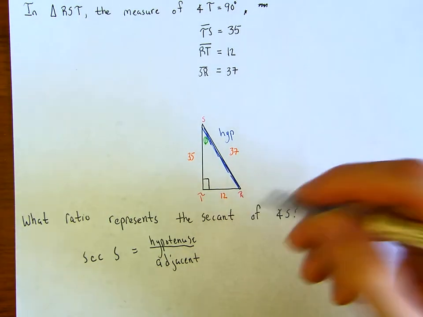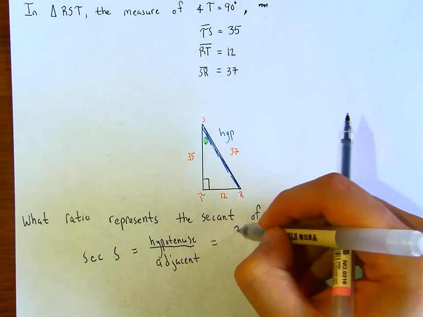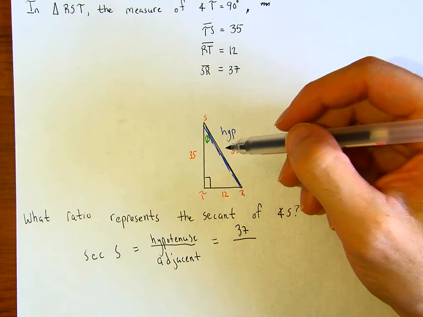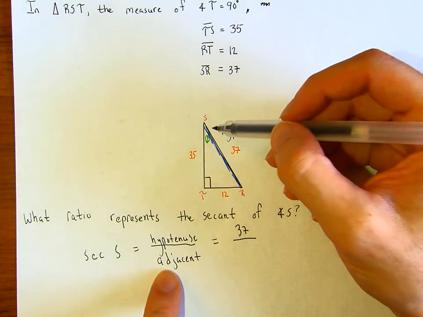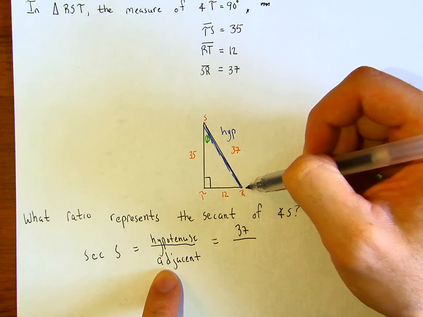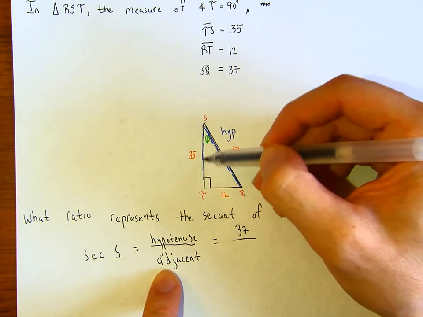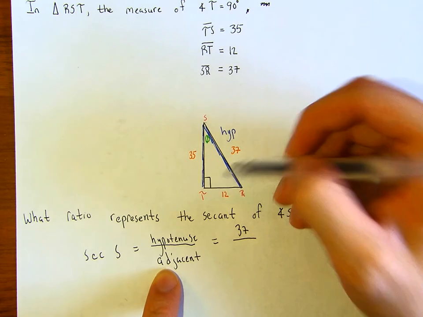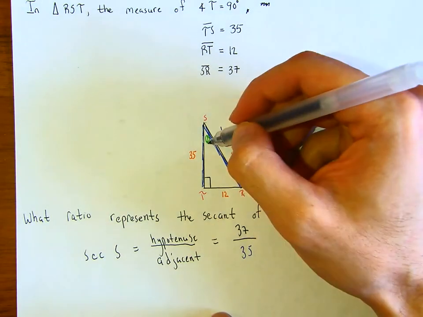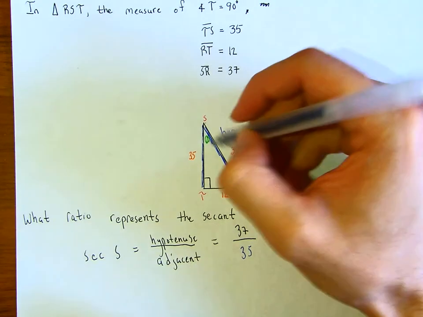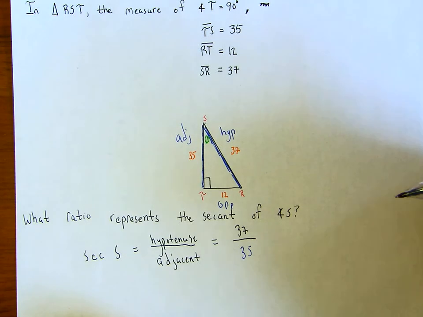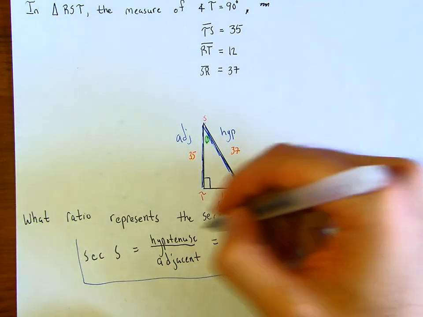We know that 37 is on top, right? Now, what's on the bottom? It's the adjacent. Notice which will be the adjacent? S to T or T to R? It has to be S to T. Okay, S to T is this 35 because T to R is opposite of it. So this is the adjacent and this is the opposite. Okay, and then can we simplify this fraction? We cannot, and that's it.